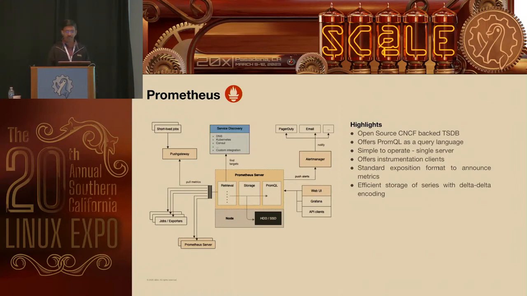It offers instrumentation clients for various languages like Java, Golang, and whatnot. It has a standard exposition format, which is easy to consume, either through libraries that they have, or you could even just write it in a matter of minutes to parse the endpoint out. And it has a very effective storage engine, which uses delta-delta encoding.